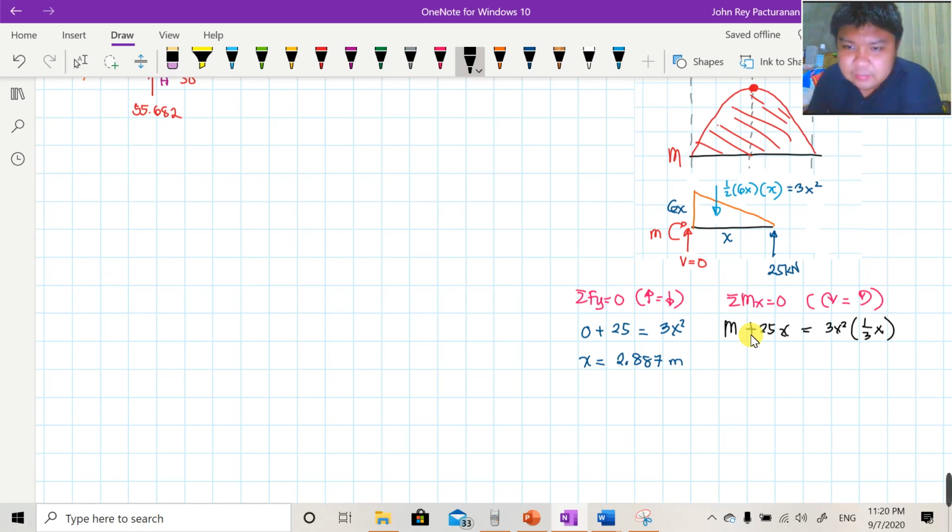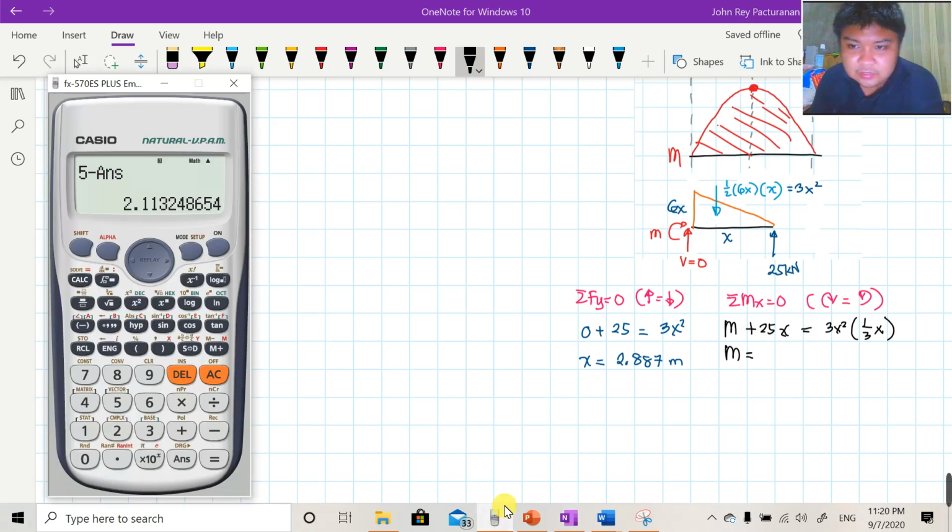So, ang gawin nyo na lang, substitute nyo na lang, class, yung value ng x dyan. Kayo na lang bahala dyan, no? So, magiging 3x squared, tapos 1/3 ng x as the moment arm, minus 25x.